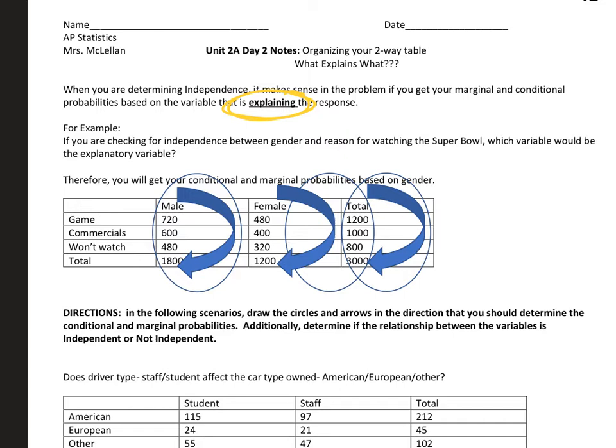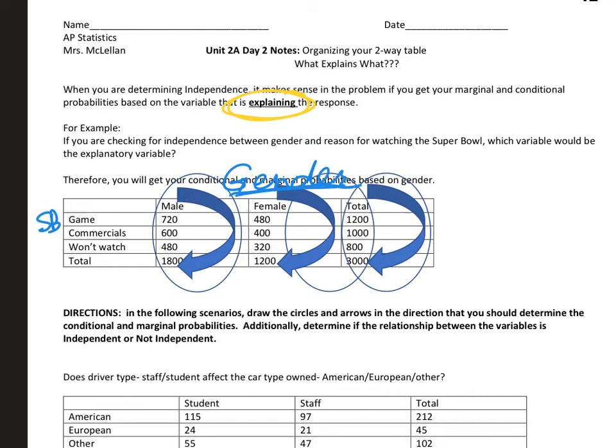So yesterday when we had talked about this problem about gender versus your Super Bowl activity of choice, we had discussed how gender is probably the one that is explaining that Super Bowl choice. Whichever one is the explaining one, that is where your arrows originate from.